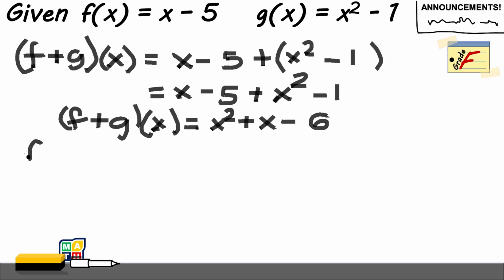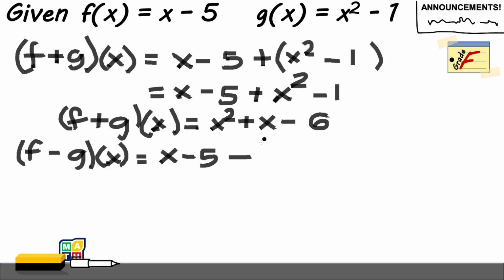Now, let us come across this expression, f minus g of x. In this case, it means we are looking for the result when we subtract the functions. So we have x minus 5, and this is where I told you earlier it's very important to enclose the subtrahend in parentheses.